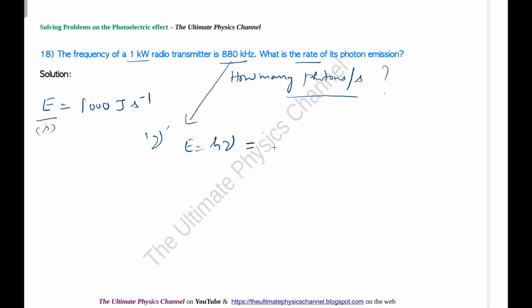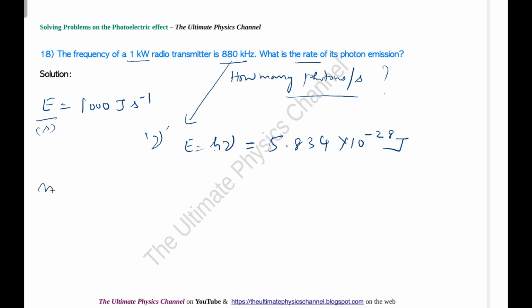We would get the energy per photon to be 5.834 times 10 power minus 28. That's the value you get.